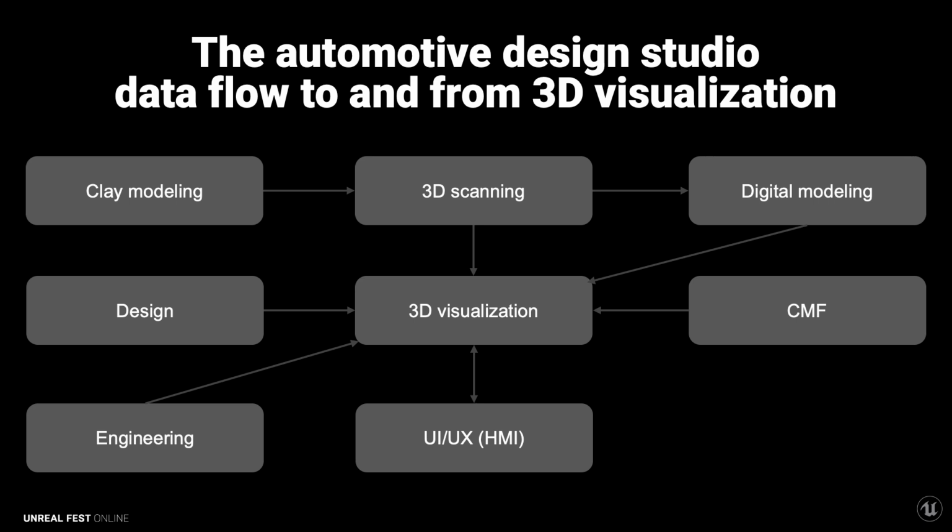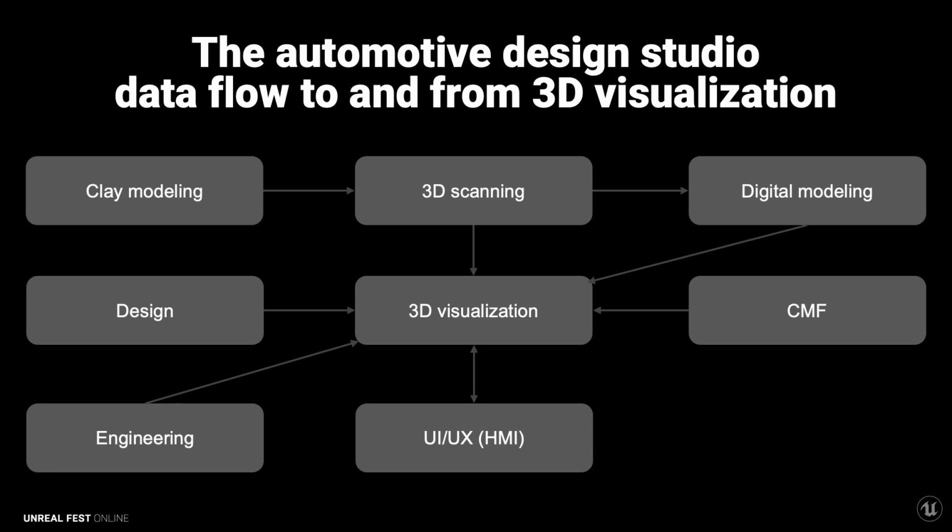From here, you can see that the 3D visualization team is a major hub for understanding data. All these different teams do a different part of the design process. You get clay modeling, which are people creating either a quarter scale or a full scale physical model of the vehicle that's in design. These are pretty big, and especially the one-to-one scale models, they're super heavy.